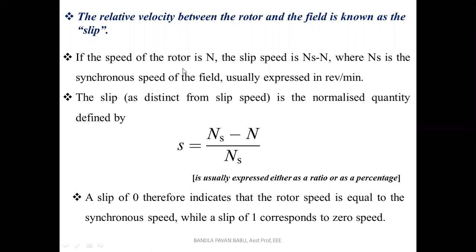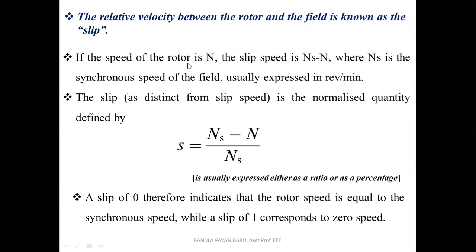If the speed of the rotor is N, in some textbooks you can find it as N suffix small r, so don't get confused. The slip speed is Ns minus N. So slip speed is different from the rotor speed or the motor speed.